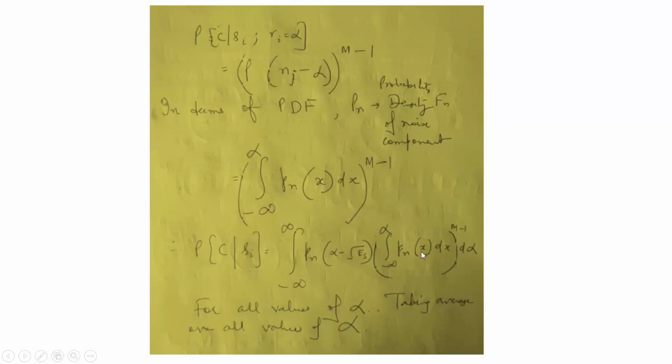If we replace this probability density function with this Q function, the probability of making the correct decision given Si was transmitted will be the integral of Pn(alpha minus under root Es) Q function of minus alpha by under root of N0 by 2 d alpha, raised to the power capital M minus 1.